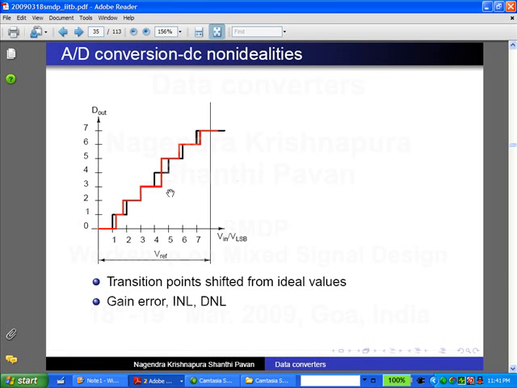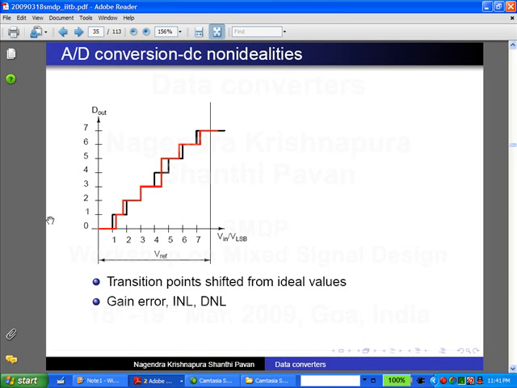The fourth one is shifted to the right by half VLSB, it's at 4.5. And the fifth is shifted to the left by half VLSB, it is also at 4.5. So in fact it looks like it is jumping from here to there, a much larger jump. The sixth one is slightly earlier than what it should be, the seventh one is slightly later than what it should be.